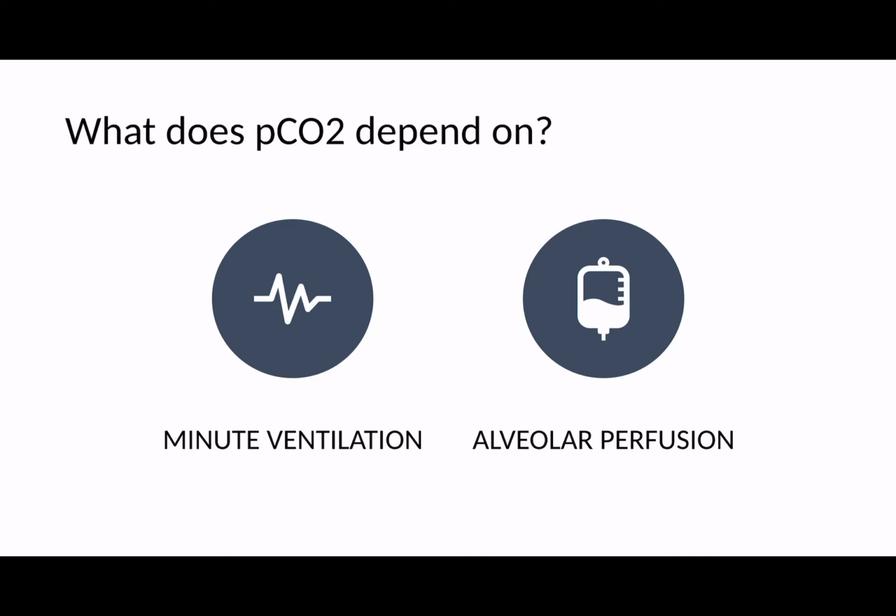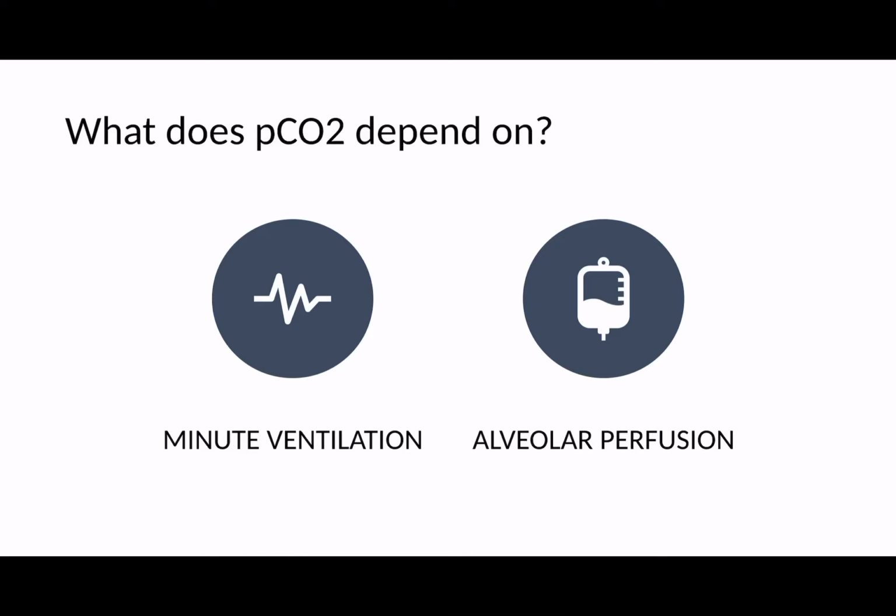And those 2 things, when thinking just about the lungs, are the minute ventilation, i.e. the amount of gas that's coming out every minute from the patient into the ventilator, and the perfusion of the lungs.